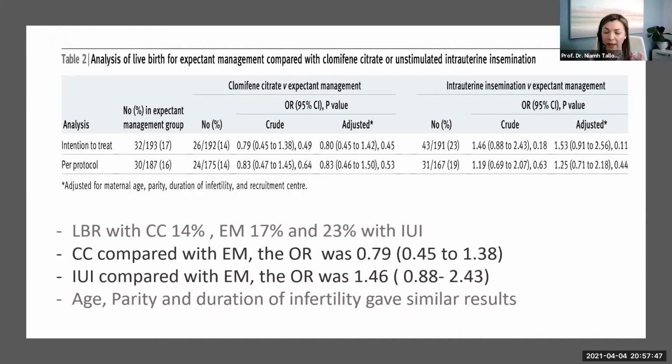They quote a number needed to harm with Clomid use alone for unexplained infertility of about 33. So for every 33 patients who take Clomid, one will have a lower chance of successful pregnancy because of taking clomiphene. For IUI, the number needed to benefit is about 17. So not an efficient treatment.